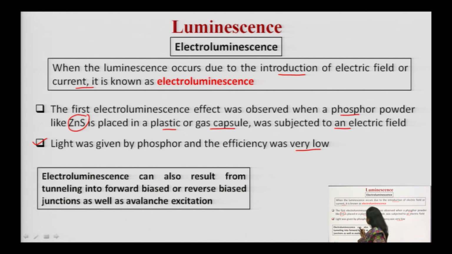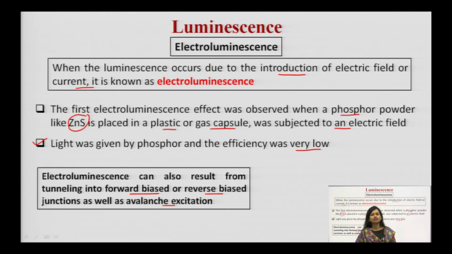So electroluminescence can also result from tunneling into a forward biased or reverse biased junction, as well as avalanche excitation. There is one more way, because in the previous case the efficiency was very, very low. That is why another mechanism can be observed, which explains electroluminescence from tunneling into a forward biased or reverse biased junction, and in the case of avalanche excitation.